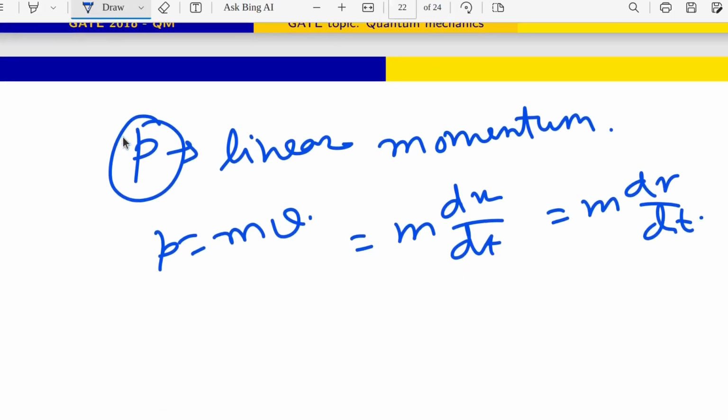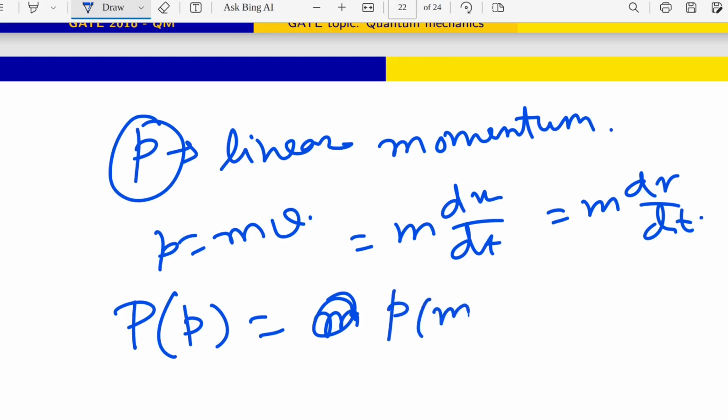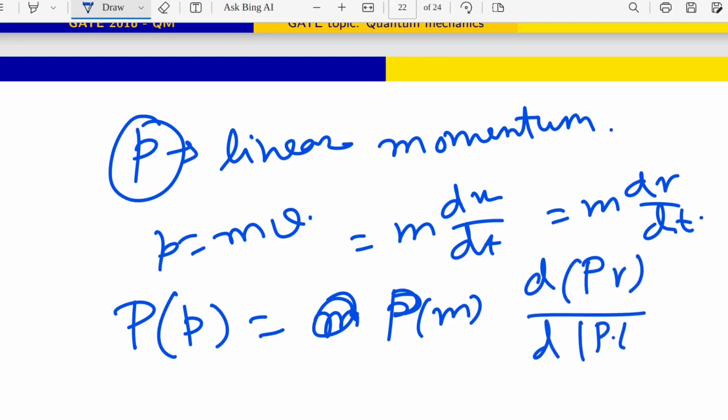Now if I apply parity, m is a scalar, so there is no problem with m. Parity on m, then d of P of r, then d of P of t. So you can write m d, then there is minus r and there is t.